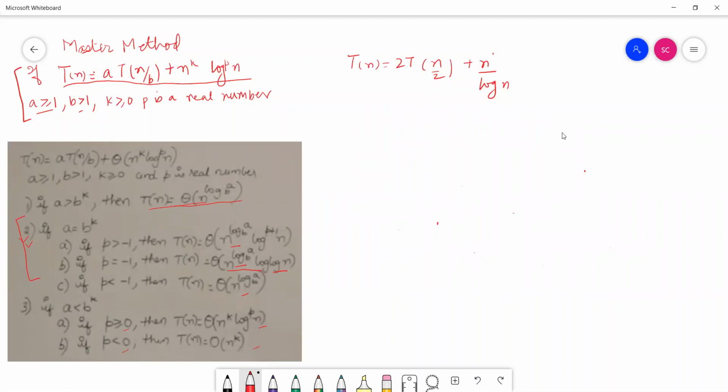Now let us make it under root of 2 and log n. So T(n) is equal to root 2 T(n/2) plus log n. Again using the master method, we'll write the values here.